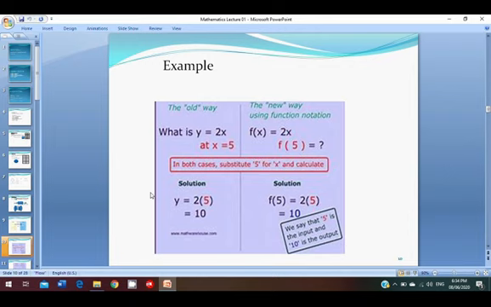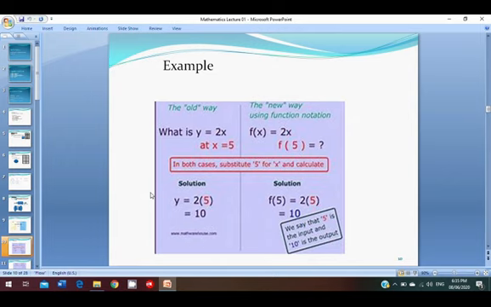You can understand this concept very easily, but coming to the new way, we use function notation instead of these simple algebraic expressions. In this function notation, we say f of x is equal to 2x is given, and we have to find the function's value at point 5.